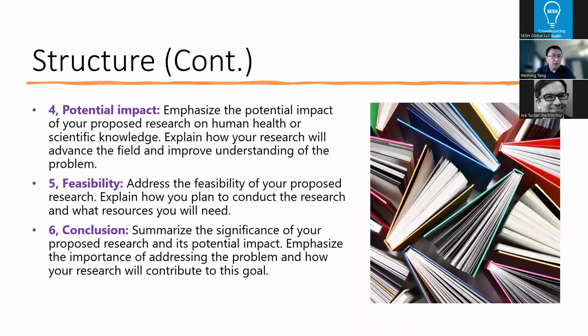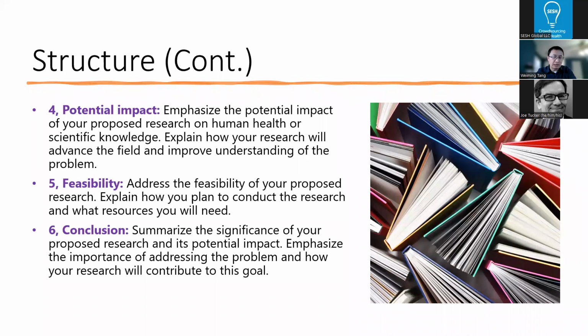And later on, you need to have a conclusion section, which is the impact section. It will summarize the significance of your proposed research and its potential impact, emphasize the importance of addressing the problem, and how your research will contribute to this goal. Typically, in our grant submission, we have a section called impact, and this is actually summarized in a similar way.